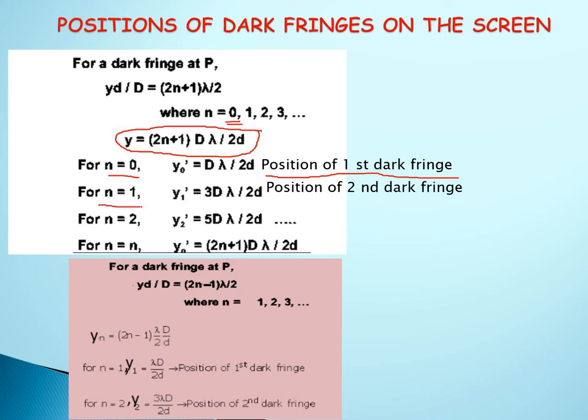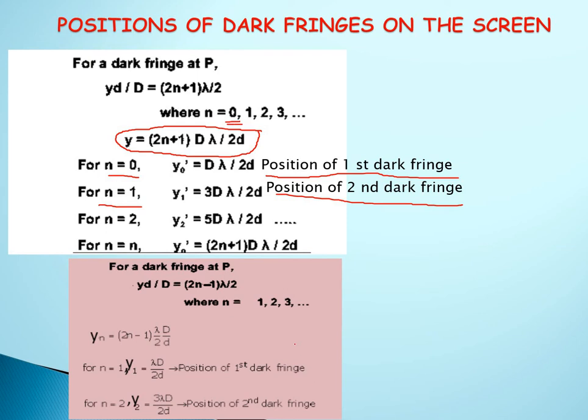Then for n equal to 1, it is the position of the second dark fringe. It goes on like that. So here, to avoid this confusion, because you have to remember this equation very well: when n is equal to 0, it is the first dark fringe. When n is equal to 1, it is the second dark fringe, when we are using this equation, 2n plus 1, where n starts with 0.